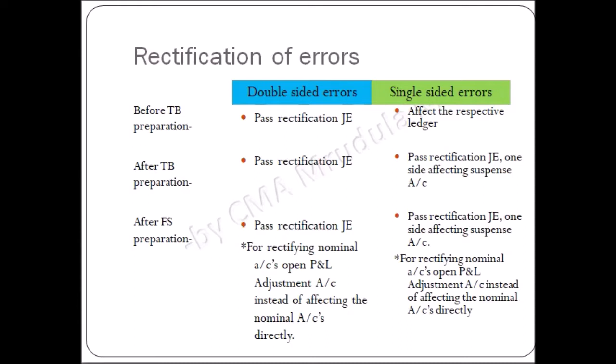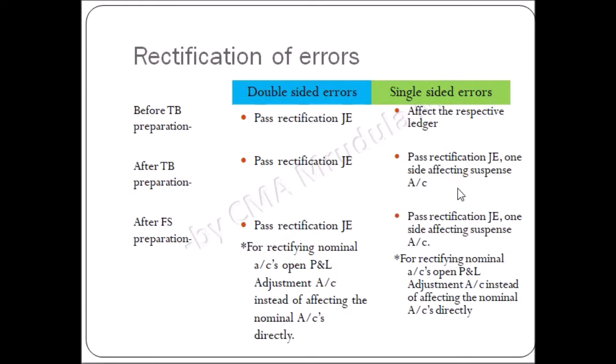If such errors are identified after trial balance preparation, then a rectification journal entry can be passed. But since there is a single-sided error, the other side must get affected to a new account called suspense account, which has to be opened just for rectification of single-sided errors.